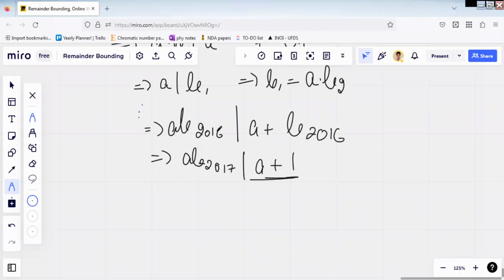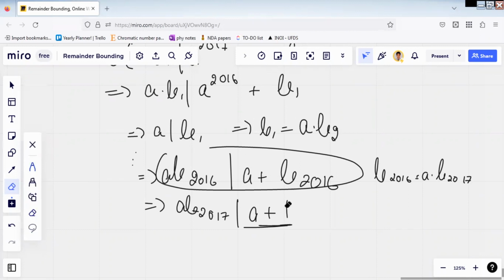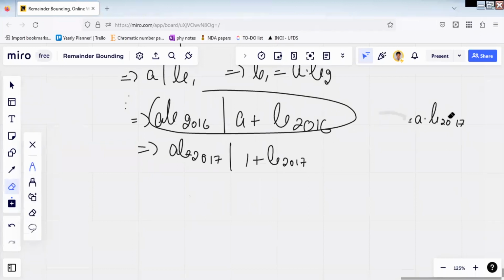You write B2016 as A times B2017, so here you'll have a square. Oh, you do not have an A. Yes, B2017 is the last B. Oops, sorry for that. Okay, what do we do now?